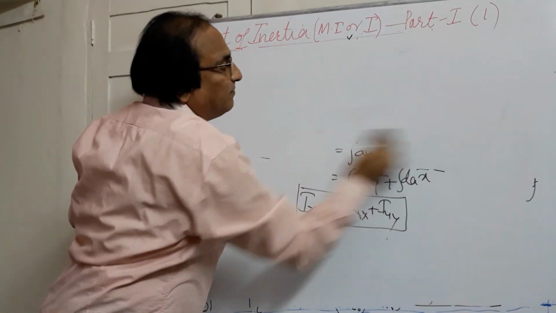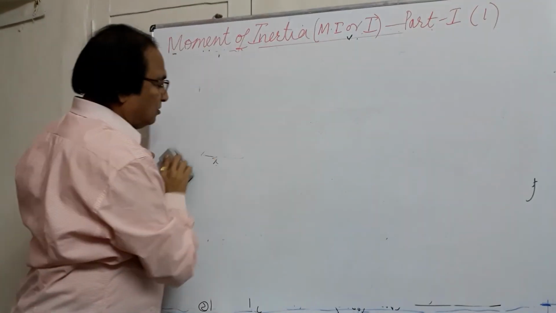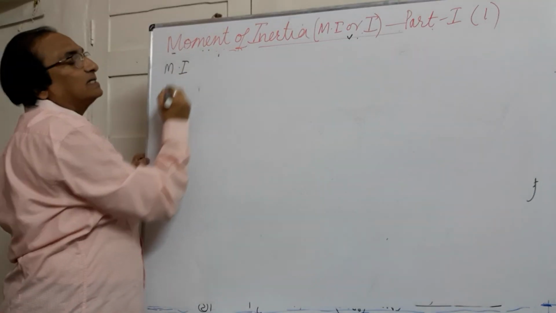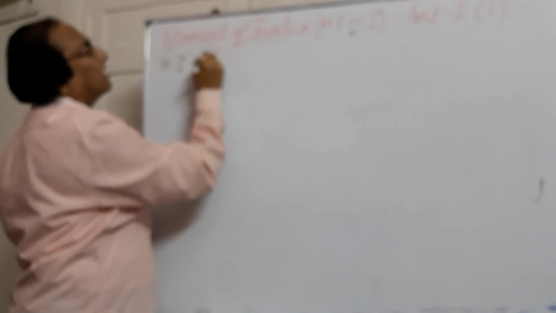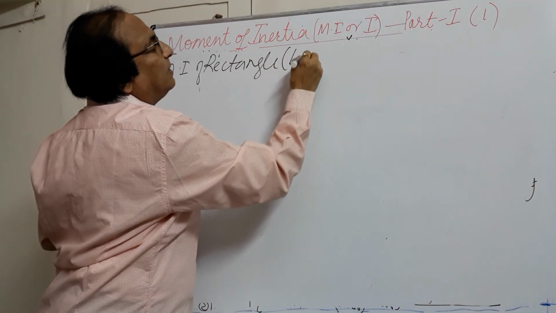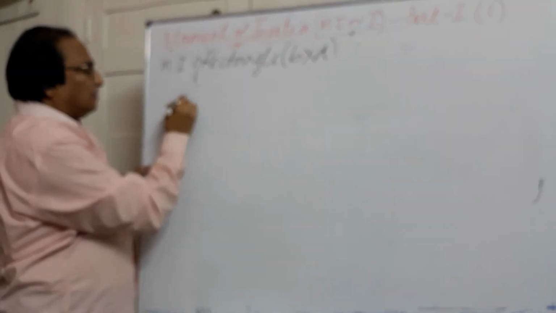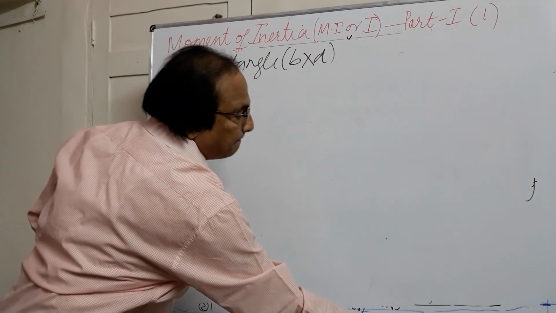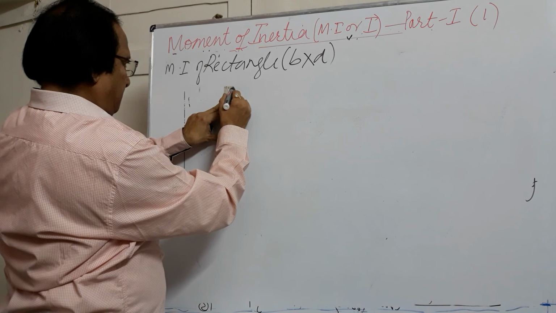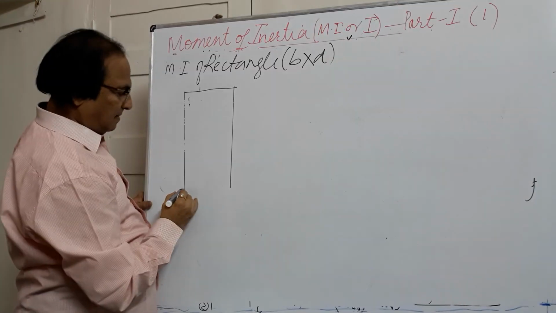We will begin with the simple figure, the rectangle, very commonly used figure. So let us try to find out moment of inertia. We will abbreviate it as MI, moment of inertia of rectangle of size B by D. Let us consider a rectangle.